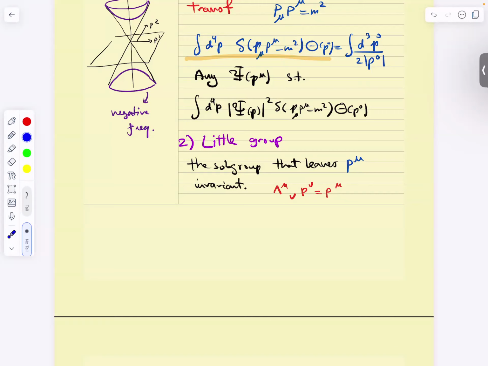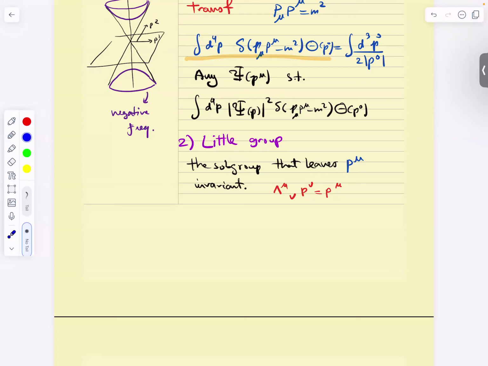Rotations. Right? Good. So this rotation is a Lorentz transformation. It is represented on the Hilbert space as a unitary. So the unitary acts on the ket, not changing p mu.